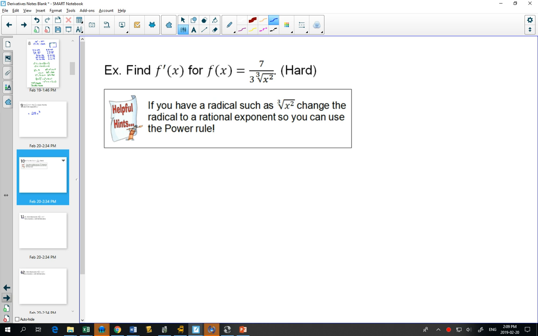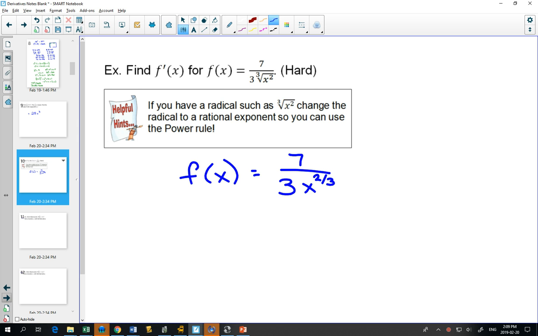So first of all, before we can find the derivative, we have to think, can we write this as a power? Well, a cube root is the same thing as a power of 1/3. So x squared with a cube root around it will be x to the 2/3.